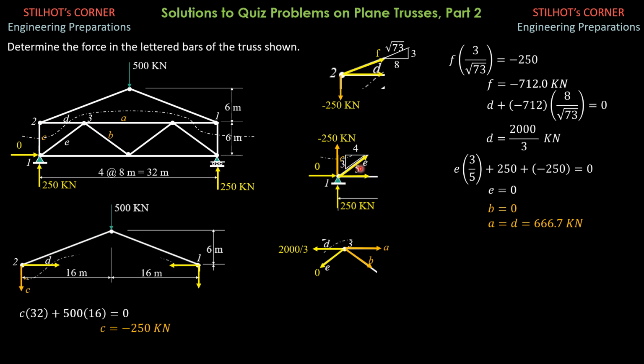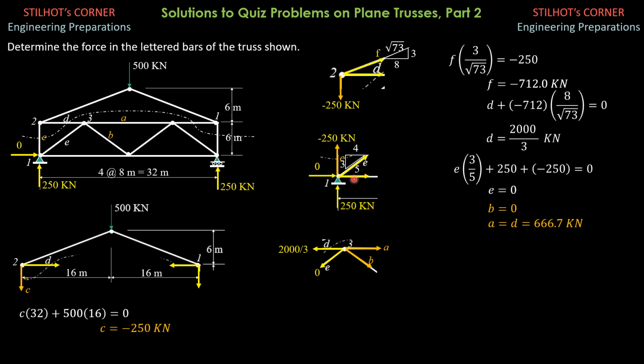So the hypotenuse is 5. Summation forces y equals 0. Vertical component of E is E times 3 over 5 plus 250 plus negative 250 equals 0. Since this is 0, E is 0.